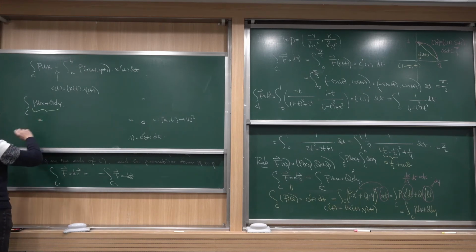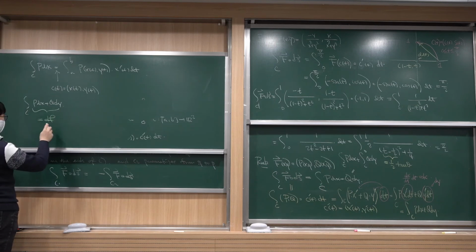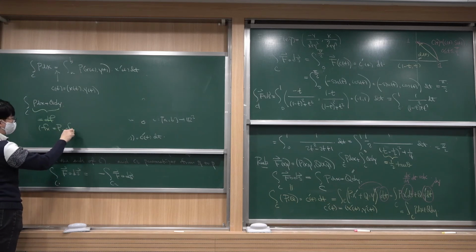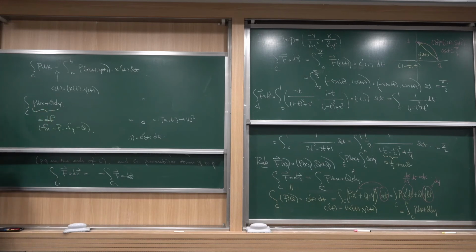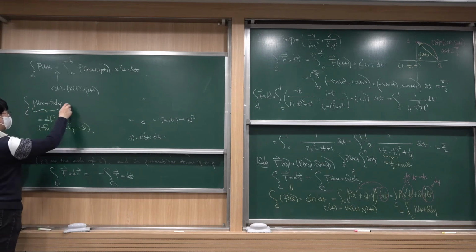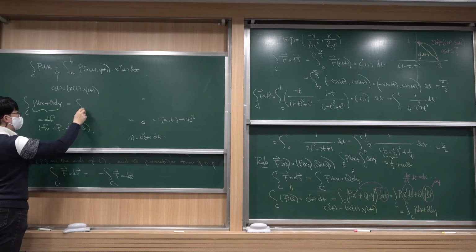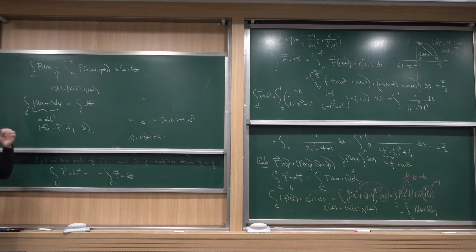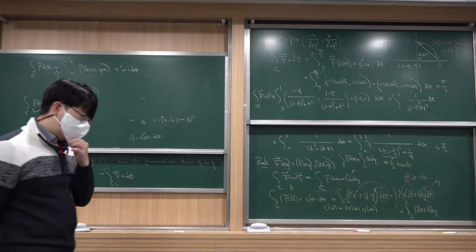So if you can find some two-variable function f whose total derivative is equal to p dx plus q dy, meaning that the partial derivative of f in x is p and the partial derivative in y is q, then this is equal to simply df. So you're integrating your df over C.